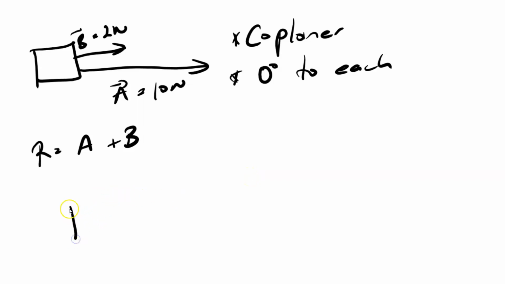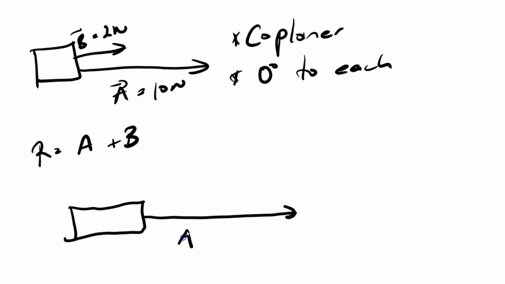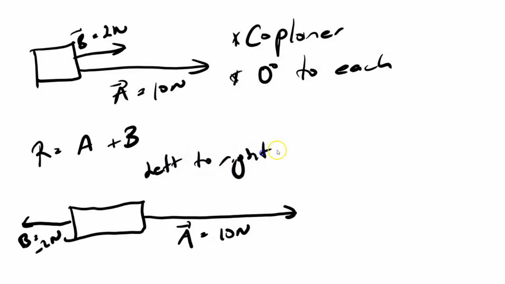What if I had vector A and vector B in opposite directions? Based on definition, under normal circumstances, going from left to right we normally give a positive, and going from right to left we normally give a negative.